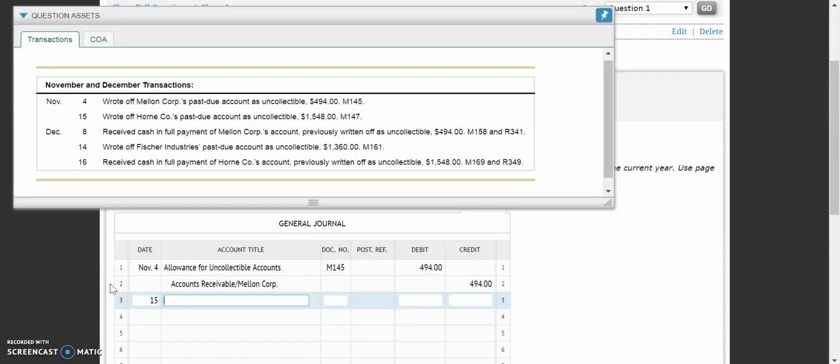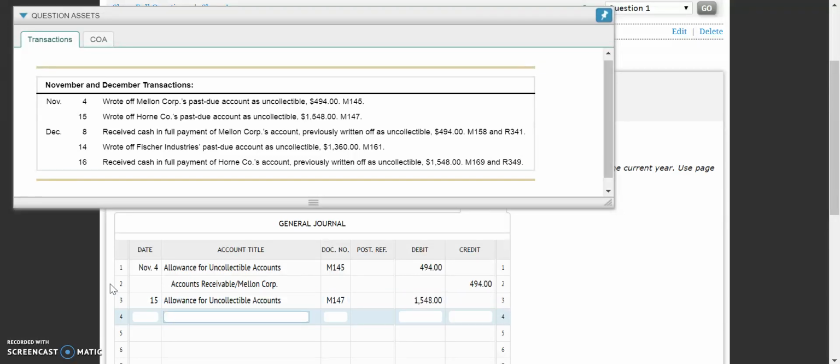Again, because we're writing it off, it needs to come out of the allowance for uncollectible accounts. $1,548 is our amount. And then it is going to be credited, accounts receivable, Hornco, because that is also being reduced by the $1,548.